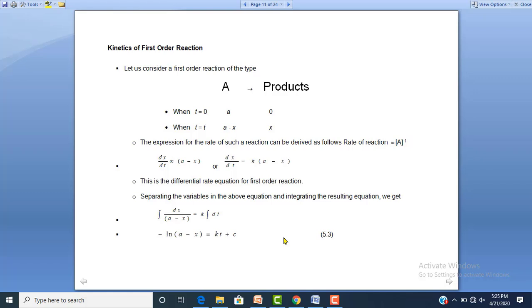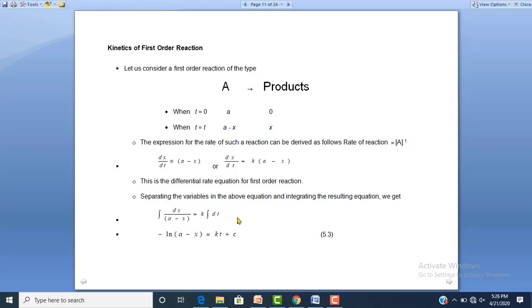According to the rule of integration, the integral of dx over a minus x has been replaced with negative natural log.